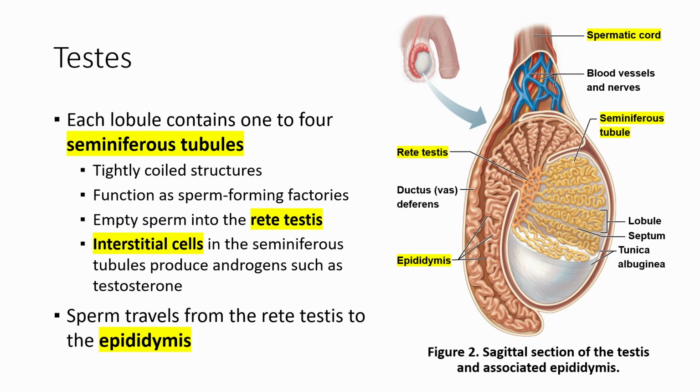So here, from the seminiferous tubule, the sperm then travels to the rete testis, then into the epididymis. So the epididymis is the start of your ductal system.